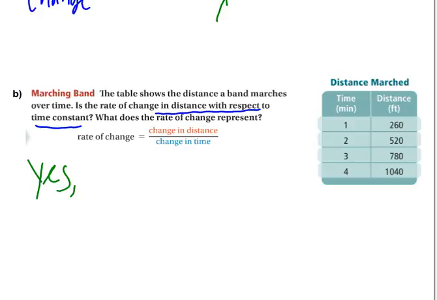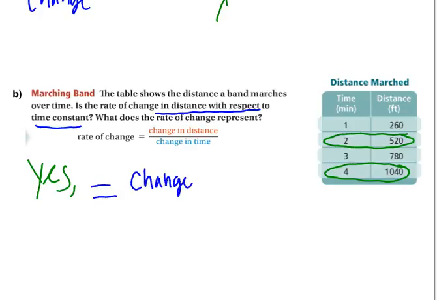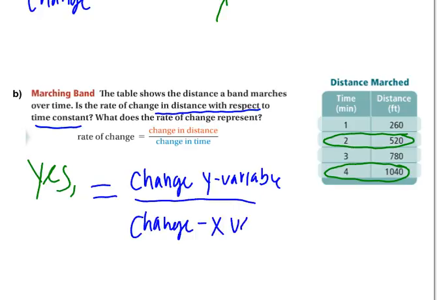So let's say I pick this row and this row here. How can I show that I'm still increasing 260 feet per minute? Remember, rate of change is your change in your y variable over the change in your x variable.